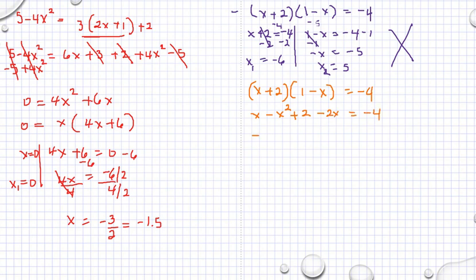Now we can rearrange negative x squared minus x plus 2. If we add both sides of the equation by 4, then we have negative x squared subtracted by x added by 6 is equal to 0.